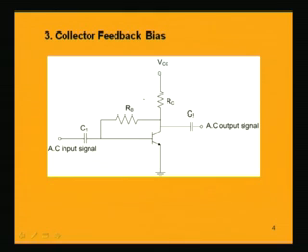Here is the biasing scheme along with the signal when you apply it for this common emitter amplifier. The input signal is applied between this point and ground, and it is the AC input signal we want to amplify. At the collector point with respect to ground, we expect an amplified signal without distortion at the output, that is the AC output signal.